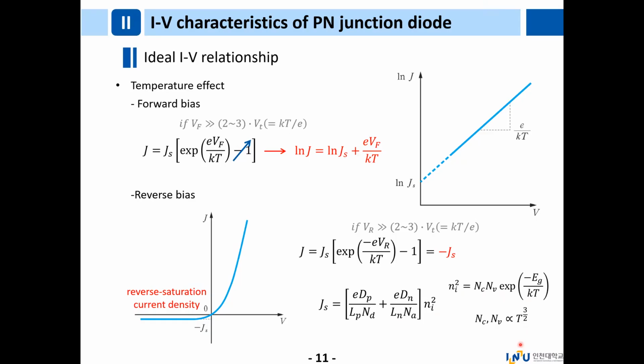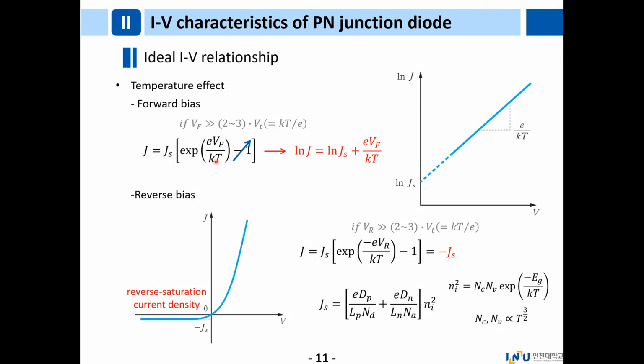In addition to the temperature dependence of Js, forward bias current also has a temperature dependence, right? Therefore, with the constant voltage applied, as the temperature increases, the diode current increases.